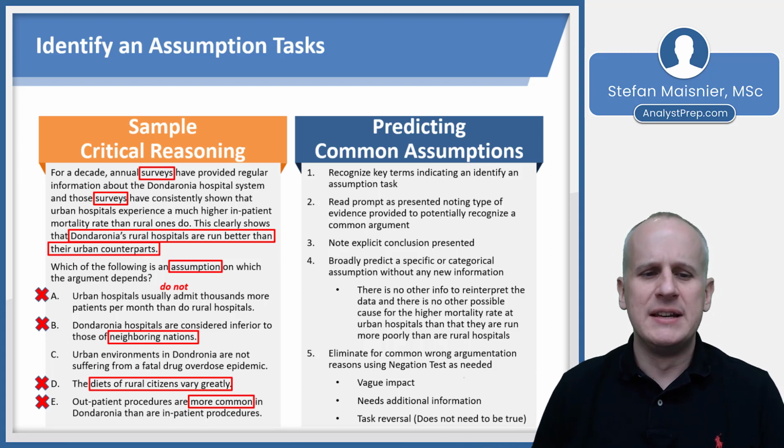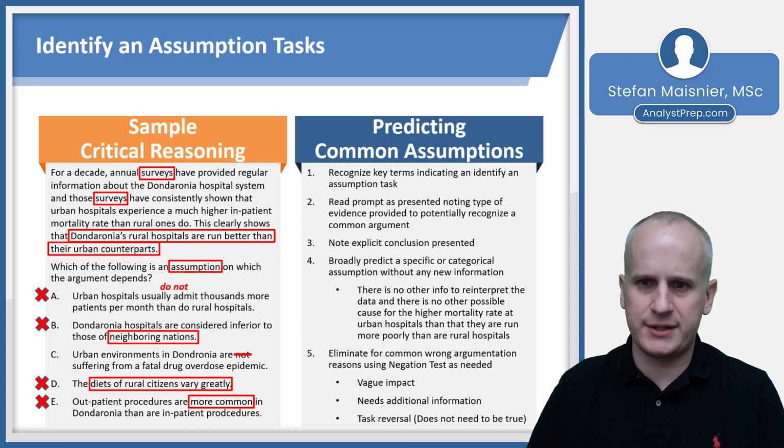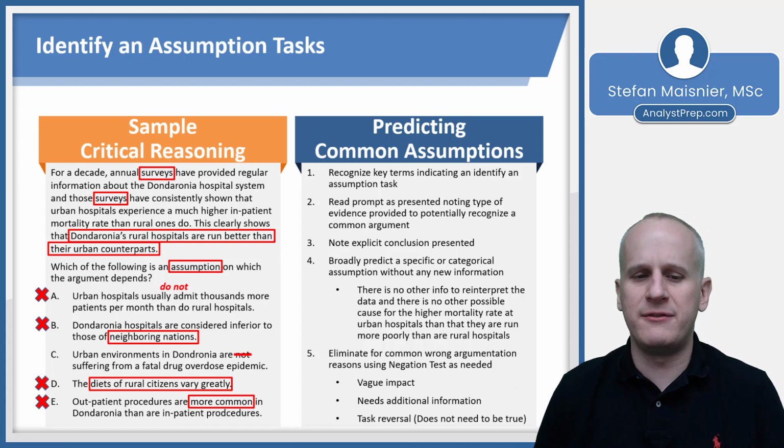Now, for choice C, we've got urban environments in Donderonia are not suffering from a fatal drug overdose epidemic. Well, we can just cross out the not in our minds. So, if urban environments in Donderonia are suffering from a fatal drug overdose epidemic, well, now we have a different explanation for why the urban hospitals are experiencing a much higher inpatient mortality rate.